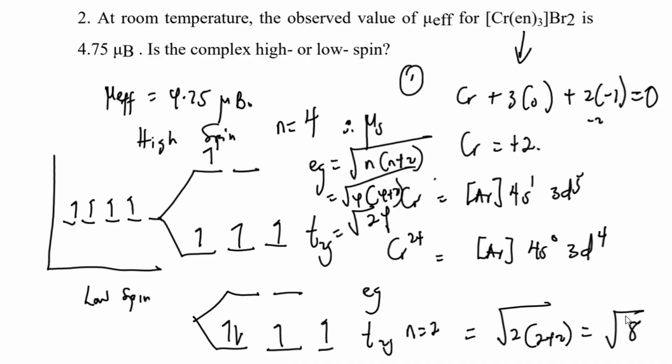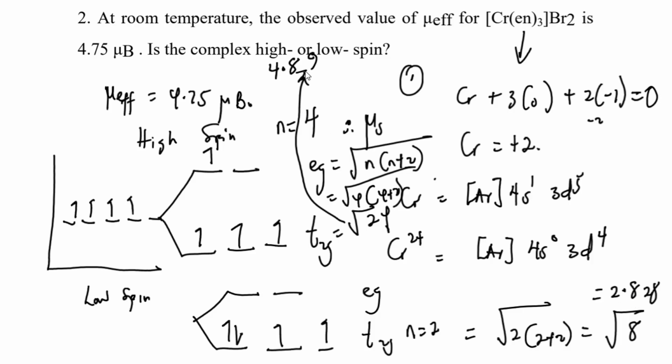Basically root 8 is 2.828, but root 24 is 4.89, right? So this is 4.89 and this is 2.84.